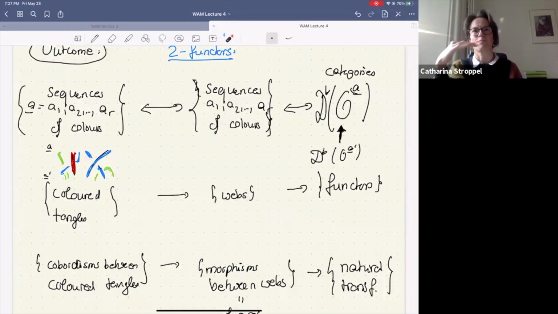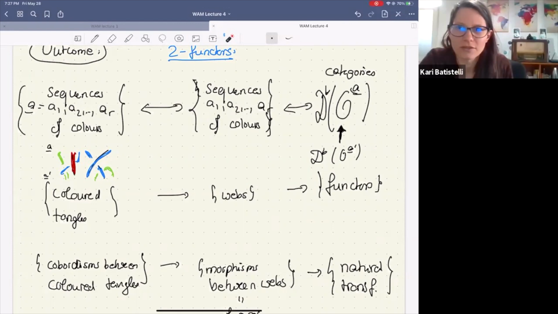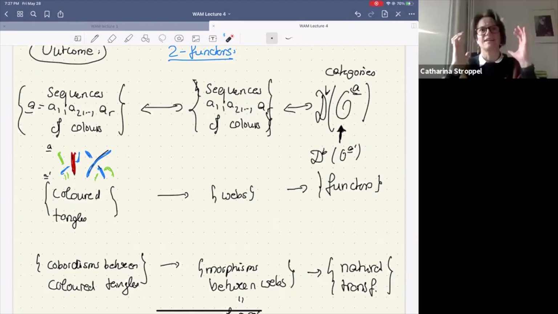So that means we have objects, something easy, like here, these sequences, and then the morphisms are natural transformations. The morphism objects are categories. So for instance, a morphism from M to N is a category of, say, AM, AN bimodules for some algebra or ring AM and AN.